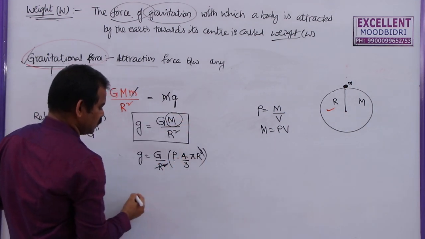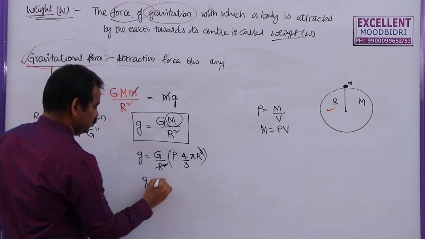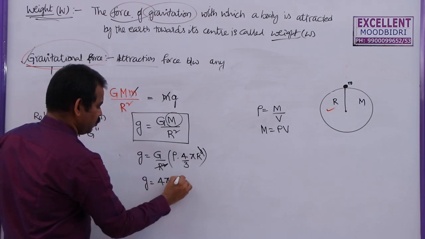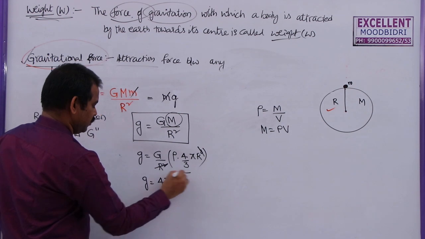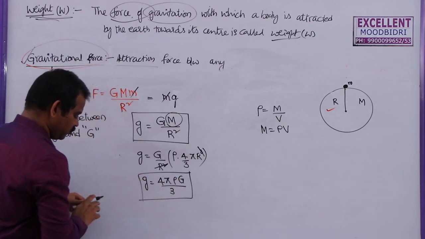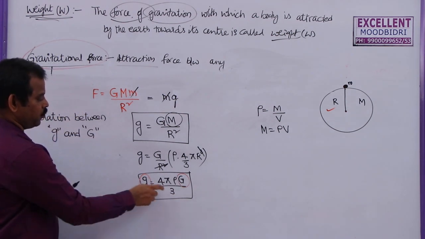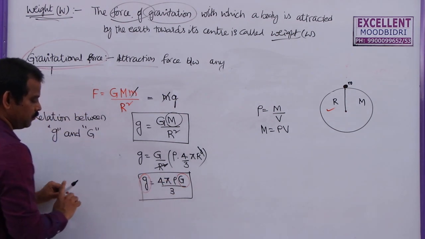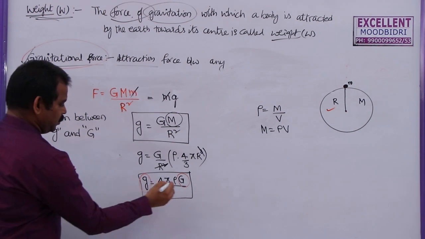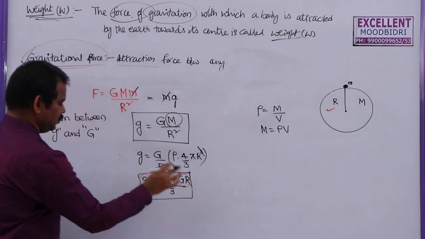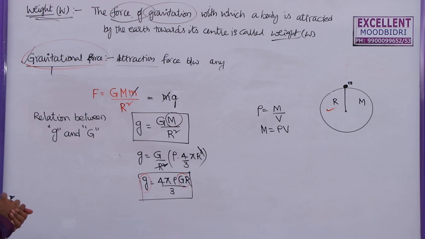This r cube and r square get cancelled. Small g is equal to 4 pi rho G by 3, with r also there. So this is one more relation between small g and capital G, given by 4 by 3 pi rho G r.